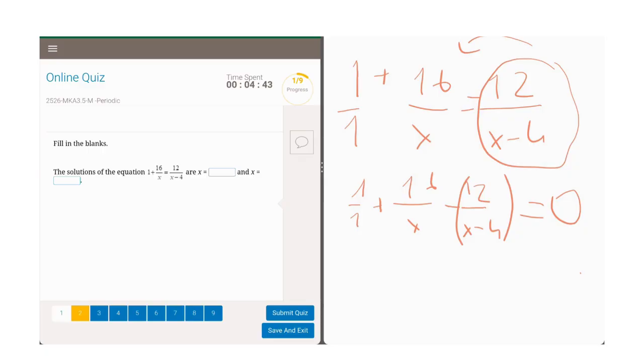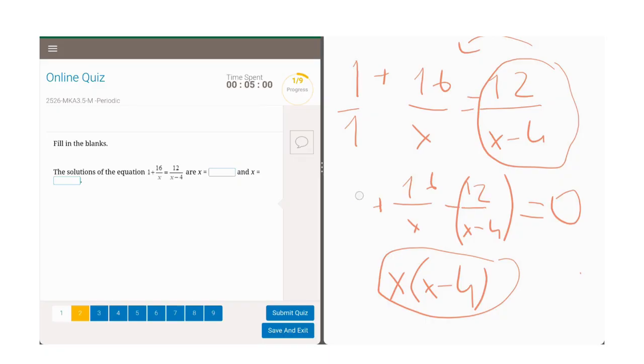So we find the LCD. So the LCD, the constant value would be 1, so we ignore it. So we have x, and then we have x minus 4, so this would be the LCD. So we multiply 1 by this to get the LCD.